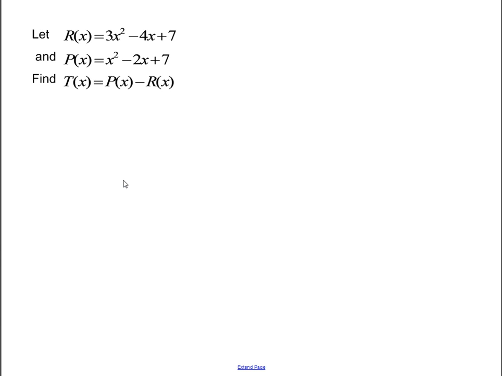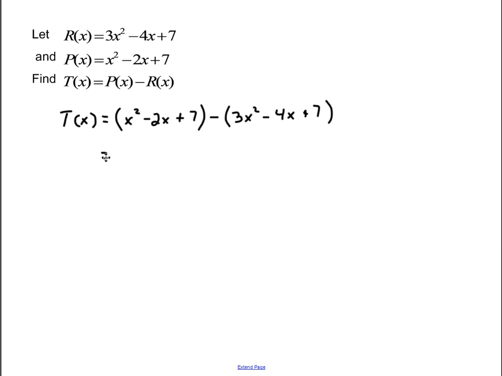Well, all the p and the r do is stand in for our polynomials. So what we're really saying right here is that our polynomial t of x is formed by subtracting everything in p of x, and in this case that's x squared minus 2x plus 7, and we take away r of x, which is 3x squared minus 4x plus 7.